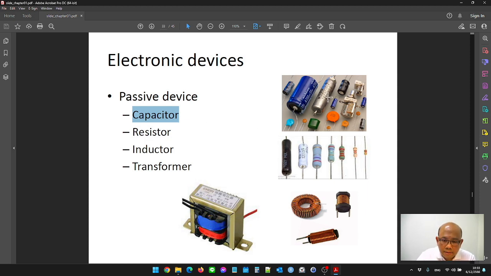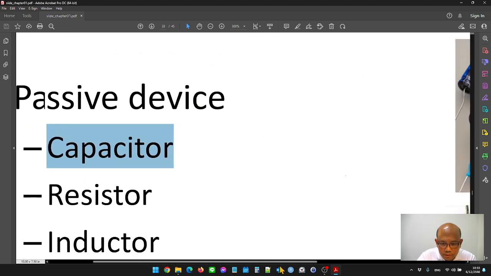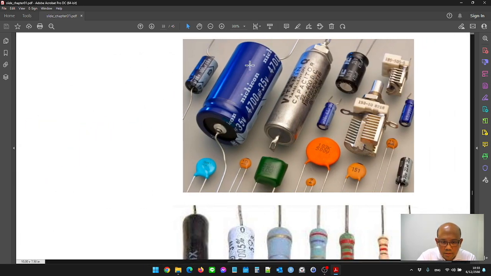This is a capacitor. There are many types of capacitors. In this picture, this is what we call an electrolytic capacitor. The electrolytic capacitor has polarity, positive and negative.